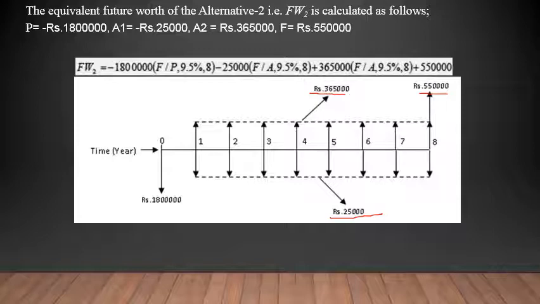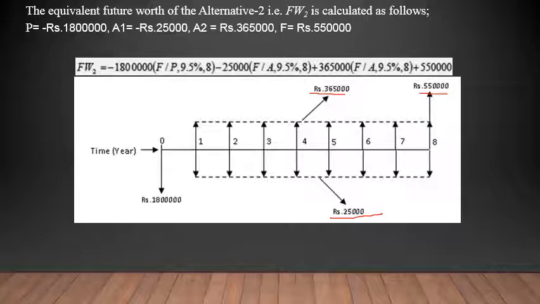And 25,000: there is no confusion over here because it starts from first year, goes up to 8th year. So whatever the assumption we had for the derivation between A and F, the same assumption holds good here as well. There is a flow at the end of year 8, and I need F at the end of year 8 only.